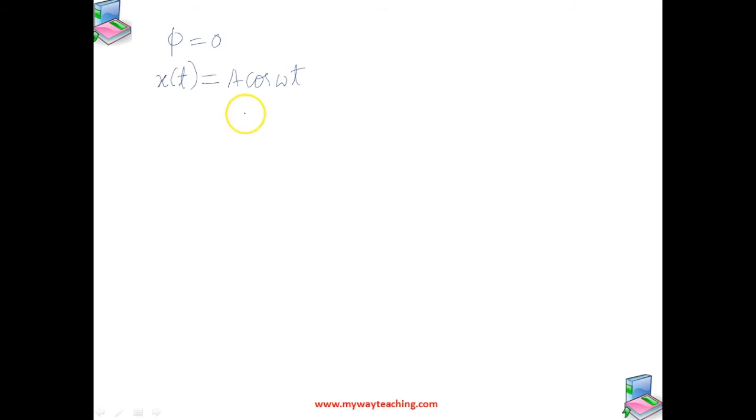Since the motion has a period T and is periodic, x of t is equal to x of t plus T. So we can write A cos omega t is equal to A cos omega (t plus T).